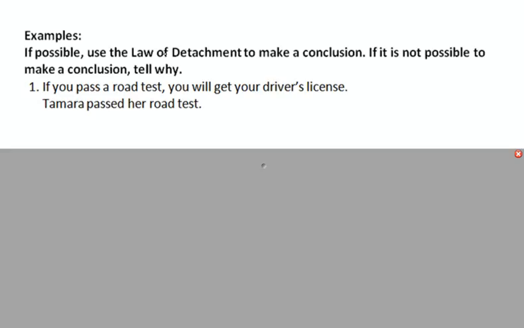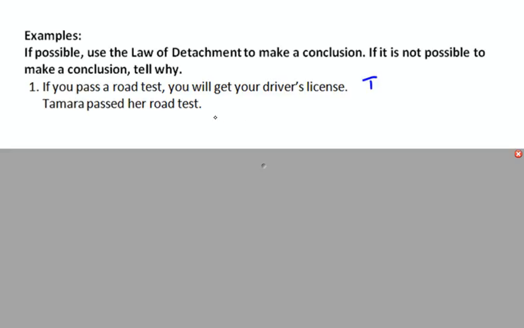It says, if possible, use the law of detachment to make a conclusion. If it's not possible to make a conclusion, tell why. So, number one, if you pass the road test, you'll get your driver's license. And we're going to say that's a true statement right now. Now, obviously, there's a few other things that go into doing it, but then Tamara passed her road test, so we know that she passed the road test.